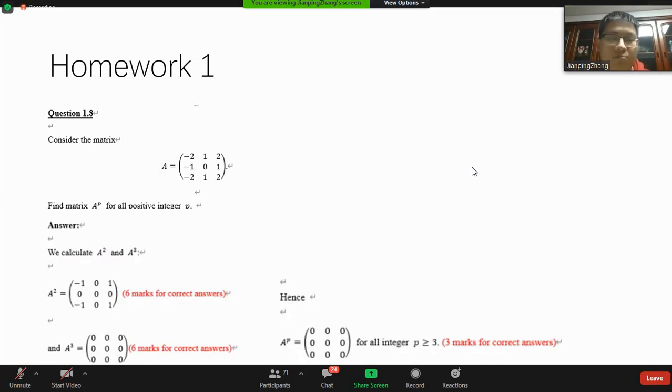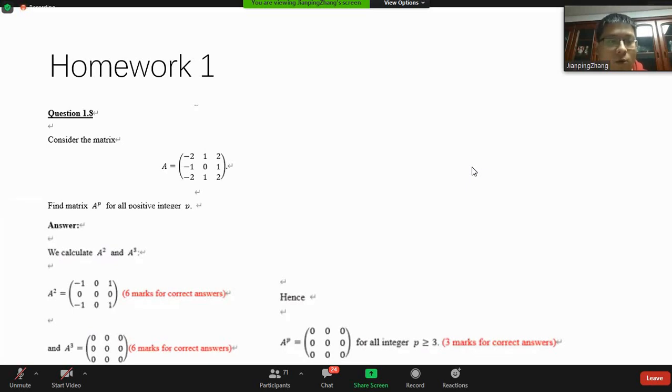So any matrix multiplied by the zero matrix is still a zero matrix. So we can find the recursion. So we have the solution that A to the power of p is equal to the zero matrix for all integer p greater than or equal to 3.